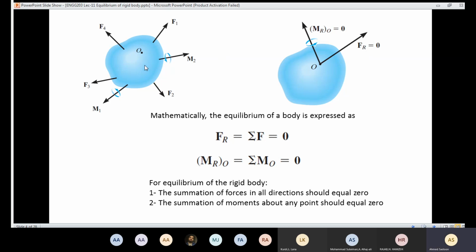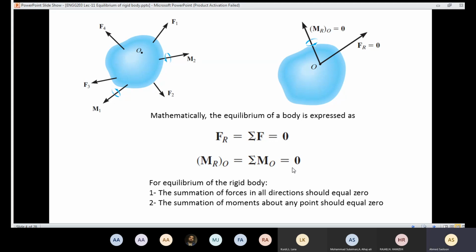But for that body to be in equilibrium, the resultant force should equal 0, and the resultant moment should equal 0. So mathematically, the equilibrium of a body is expressed as the summation of the forces acting on the body should equal 0, and the summation of the moments at any point in the body should equal 0.